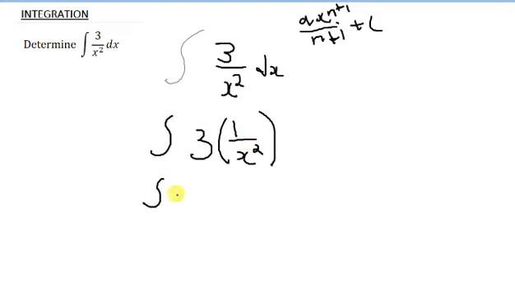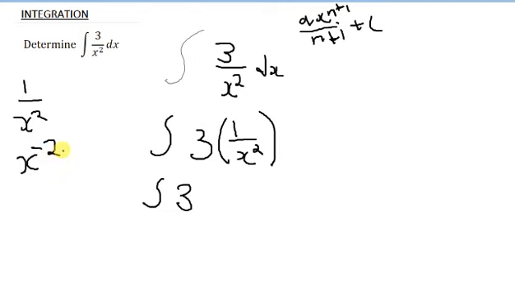3, and we are going to put it this side. You have 1 over x to the power 2. Now we want this to be a whole number. When we go to the laws of indices, this will simply be x to the power negative 2.